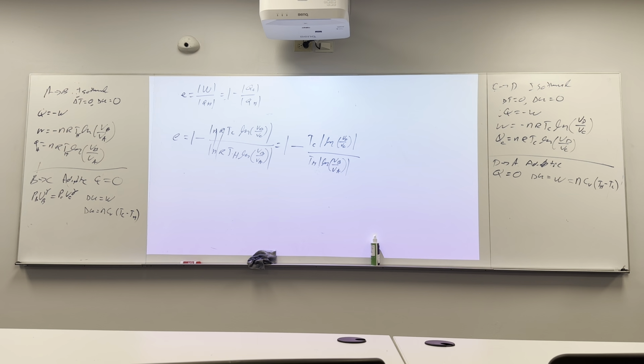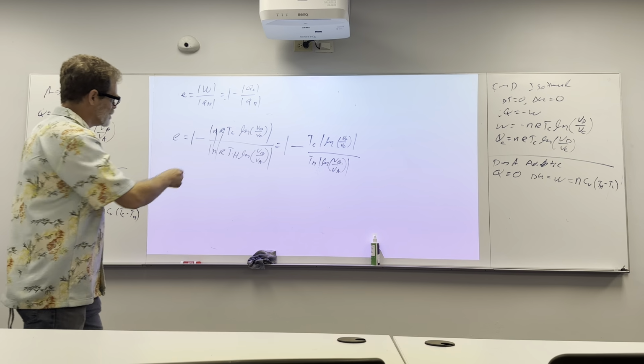Notice I have a ratio of volumes. If I look at D and C, how are those related?